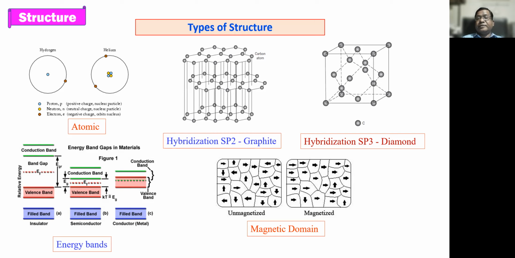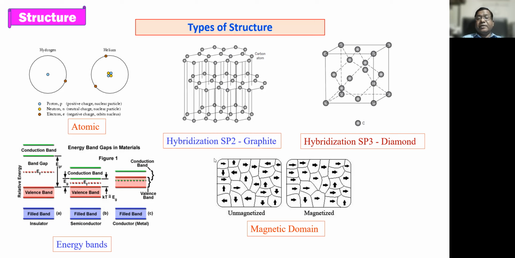And carbon, when it takes the form of a diamond, is very hard, and it has a very high melting point again, and it is brittle and transparent. So you can see how the hybridization can bring a change in material properties. This is due to the hybridization of the electronic shells.